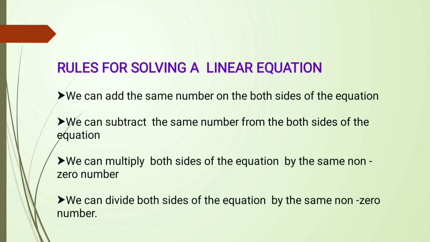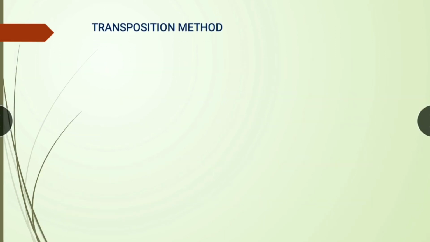This method of solving is also called systematic method. Hope you understood. Now students, you should remember one thing, that an equation remains the same when the expressions on the left and on the right are interchanged. Understood?